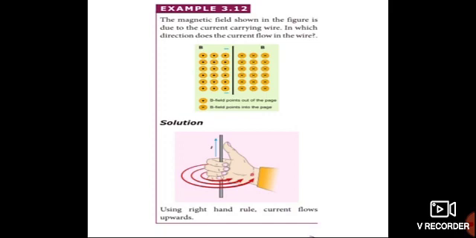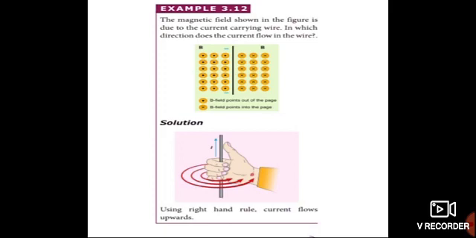Okay, these indicate the directions of the magnetic field. The dot indicates the magnetic field is out of the page, outwards. The cross indicates the magnetic field is inwards. By using this, we need to find the direction of the current flow in the wire.